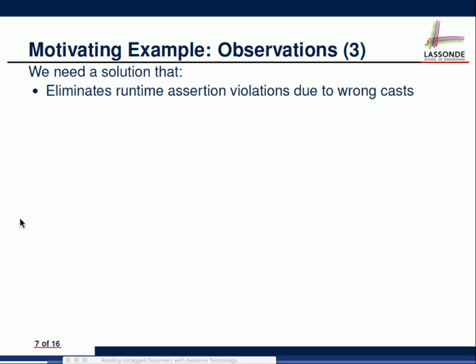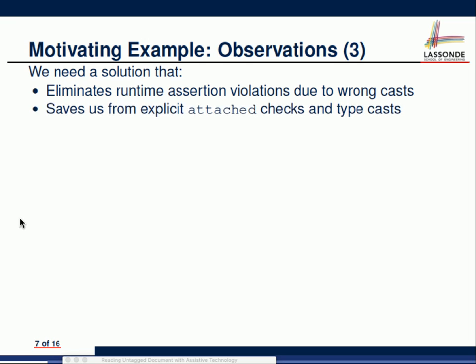We want to have nothing like this. No cast, no runtime cast exception. And number 2, we want to make sure we don't violate the single choice principle by having similar if statements everywhere in our client's code. So these are the 2 criteria.